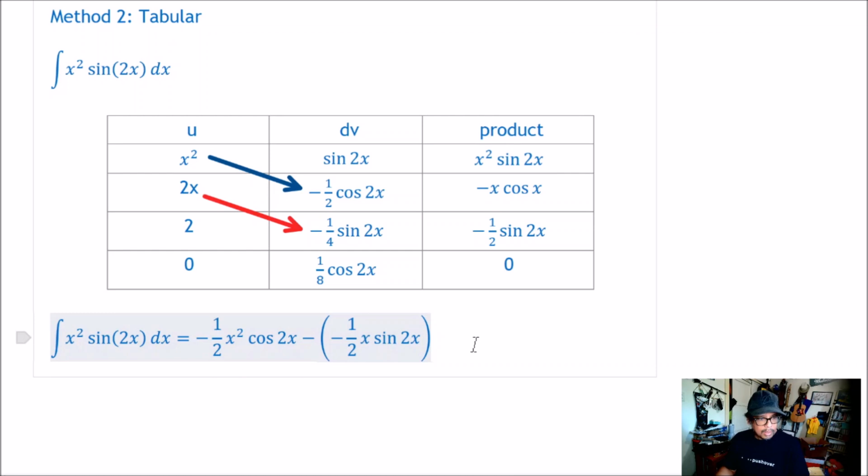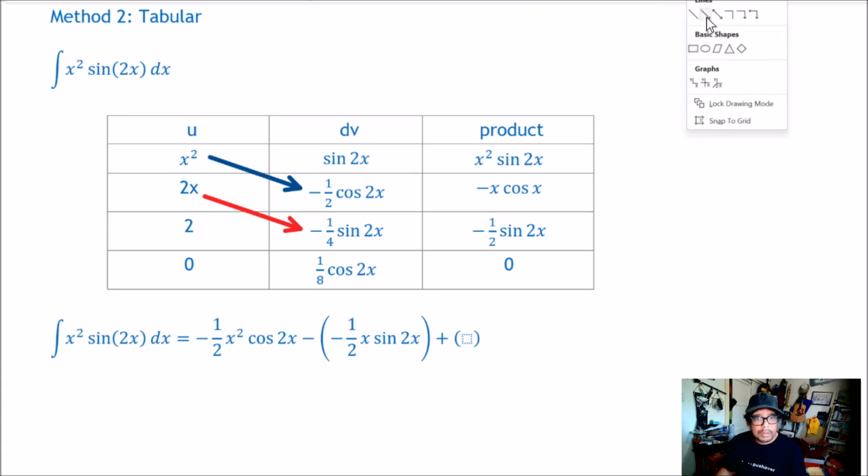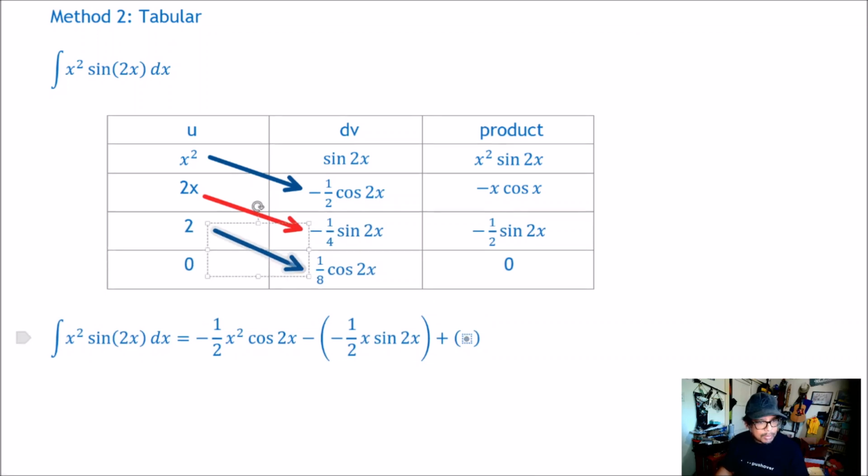Yep. And then the last one we're going to do is we're going to add that next product. What is that next product? It is this diagonal, 2 times 1/8. How much is 2 times 1/8? 2 times 1/8 is 1/4.